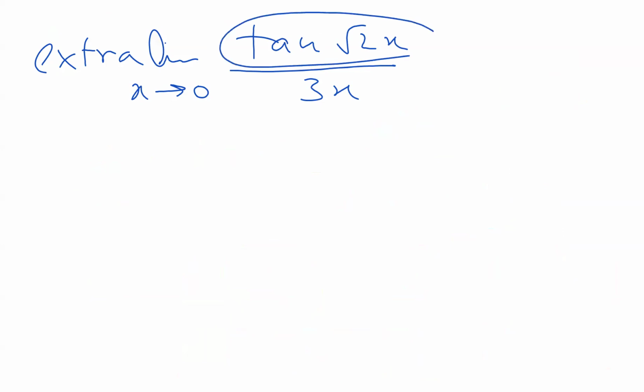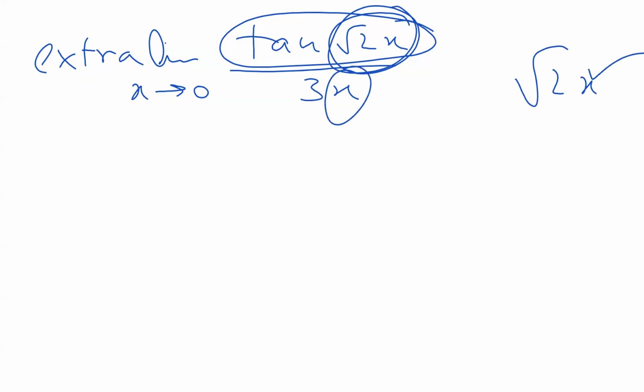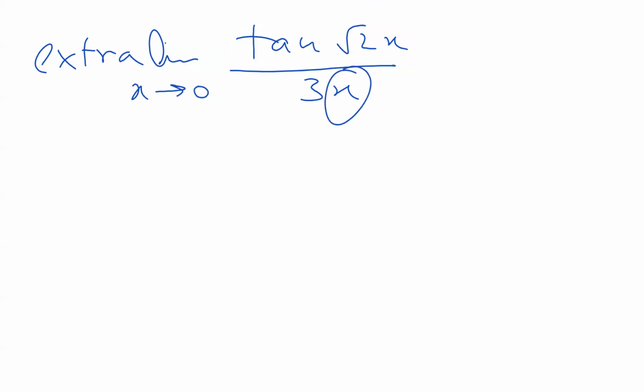Now we have a tan over here. Which value should be there down? Root 2. Ideally, it should be root 2x. This value should be there down. But then out of root 2x, x is already there. We just need root 2, as somebody rightly said. Okay, x is already there.